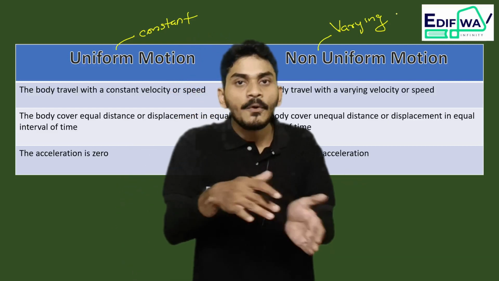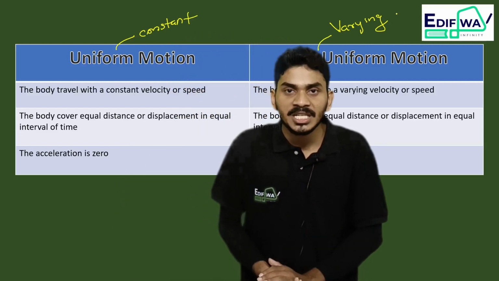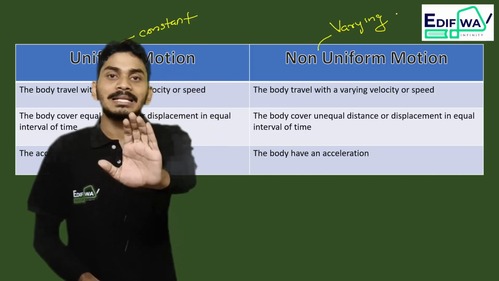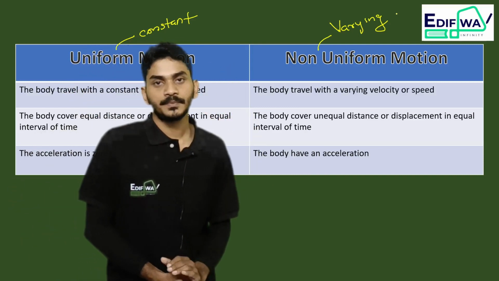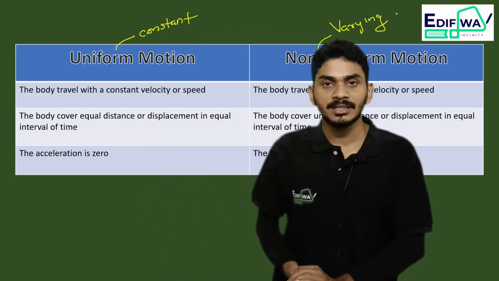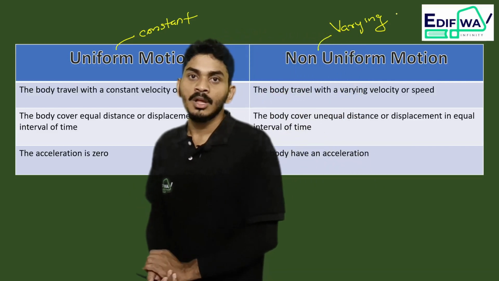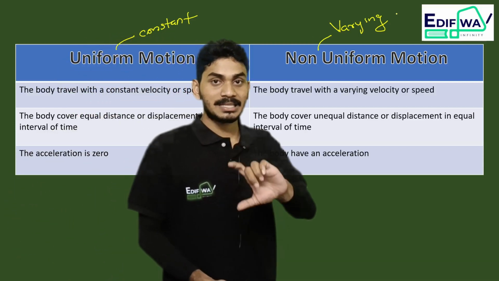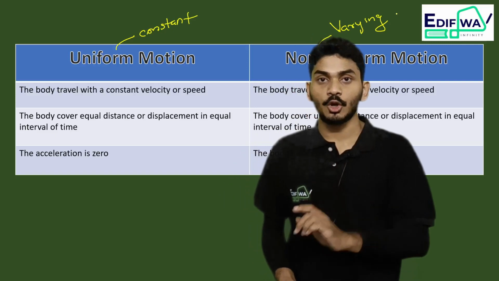In uniform motion, the body has a constant speed or velocity, so the acceleration is 0. And in the other case, non-uniform motion, the body will have an acceleration, that is, the acceleration is not 0.